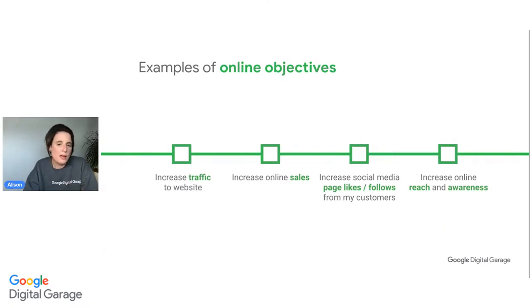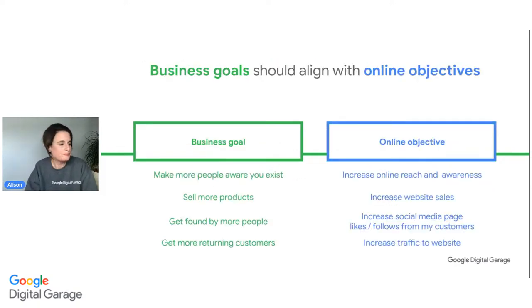So sorts of online objectives that we'll be talking about are things such as increase traffic to the website, increase online sales, increase social media likes or follows, increase online reach and awareness. So some of that terminology there, it's all things we can measure with data online: reach, awareness, likes, follows, sales, traffic. So think about how you're going to measure this online.